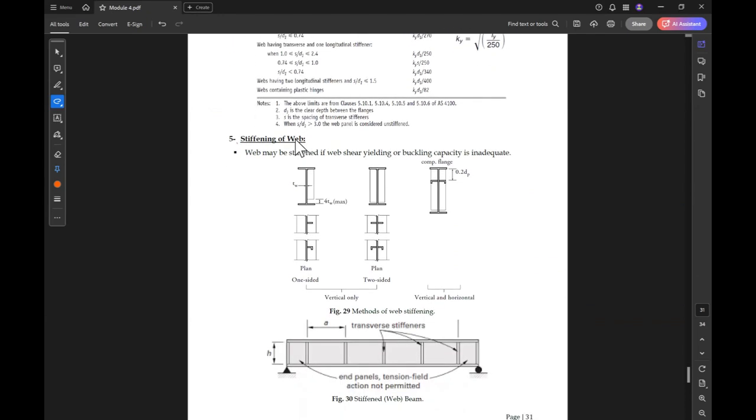Okay, this is an example of the stiffening of the web. The web may be stiffened if the web shear yielding or buckling capacity is inadequate. So for example, if you need to increase the shear capacity of the member or the section, you can use stiffeners.